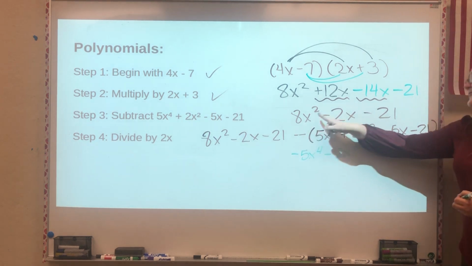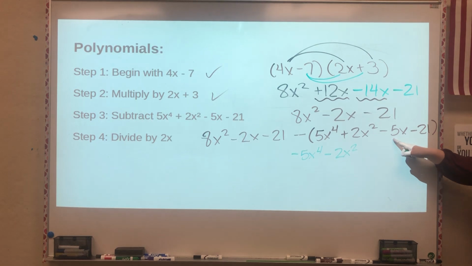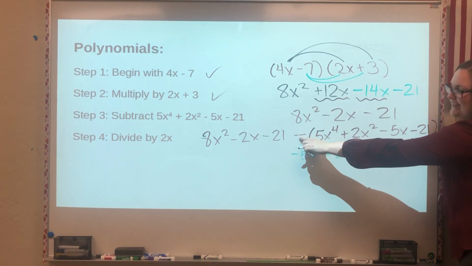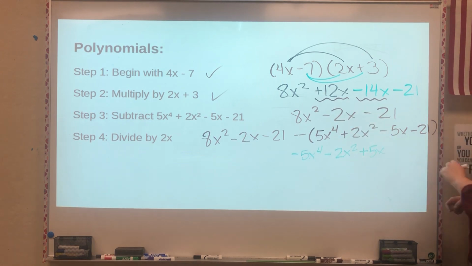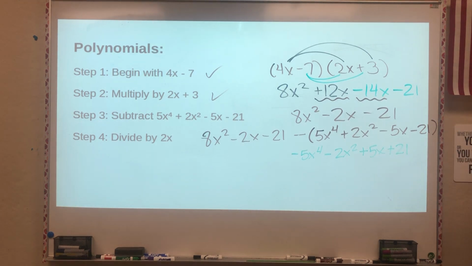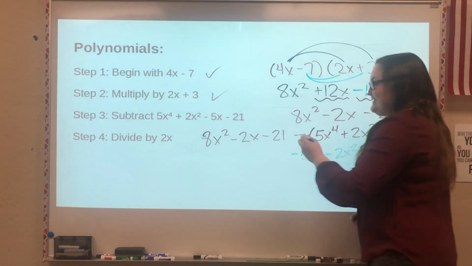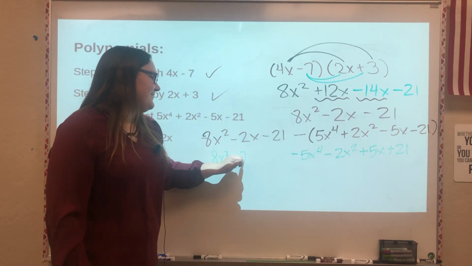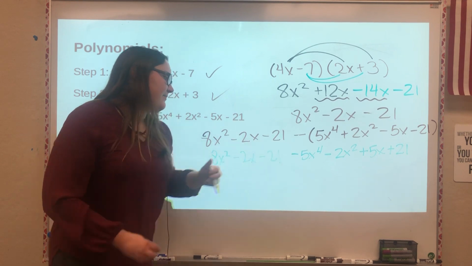I am also subtracting negative 5x, which is the same thing as adding 5x. You can think of a negative times a negative gives you positive. And then I am subtracting a negative 21, which is the same thing as adding 21. That first polynomial there is going to stay the same. So it's still 8x squared minus 2x minus 21.